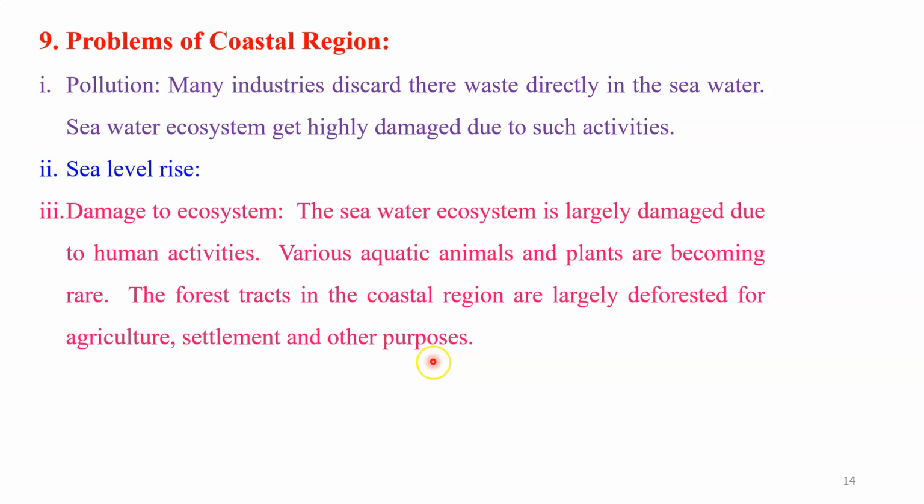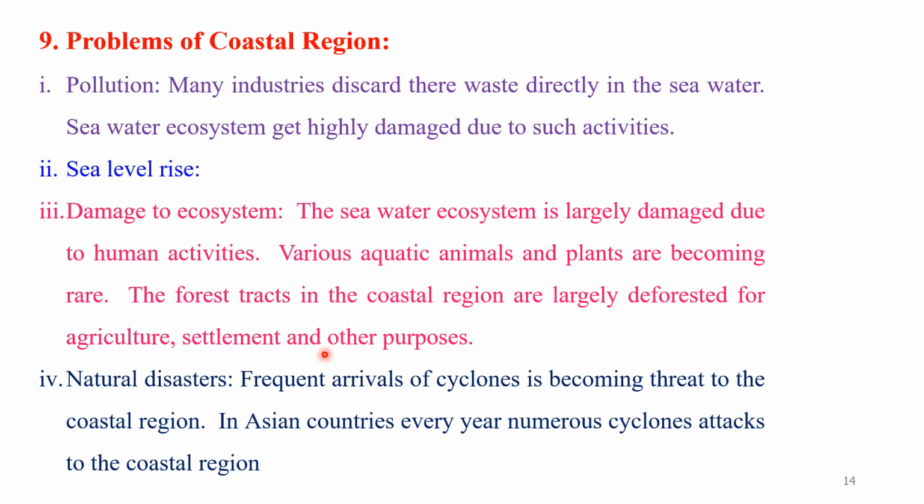So definitely all these human activities directly or indirectly affect the ecosystem, and the ecosystem of this region is totally disturbed, and that is not a good sign for ecological balance or for maintaining environmental balance.